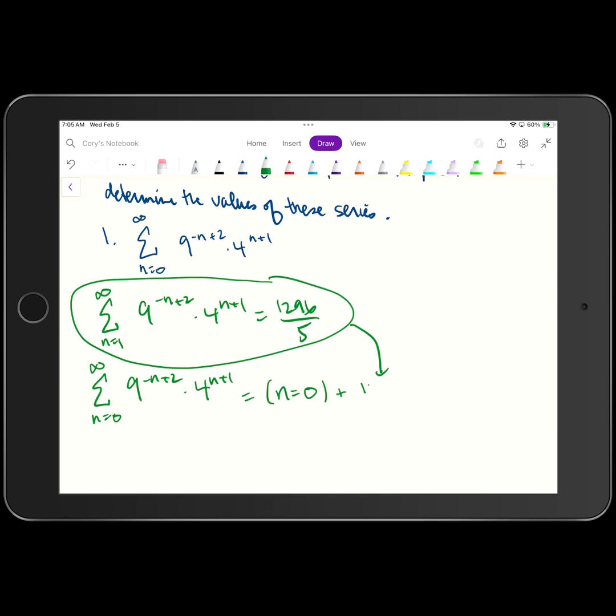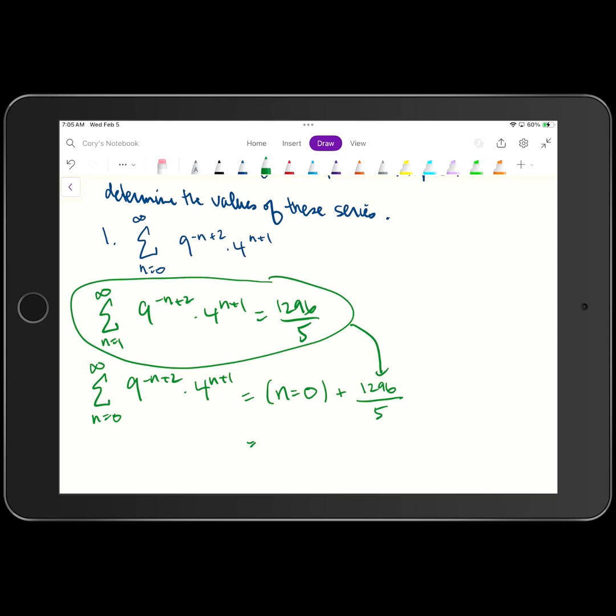So I can plug 1296 divided by 5 in for the sum from n equals 1 to infinity. All I need to do is find the n equals 0 term and add it to 1296 over 5.